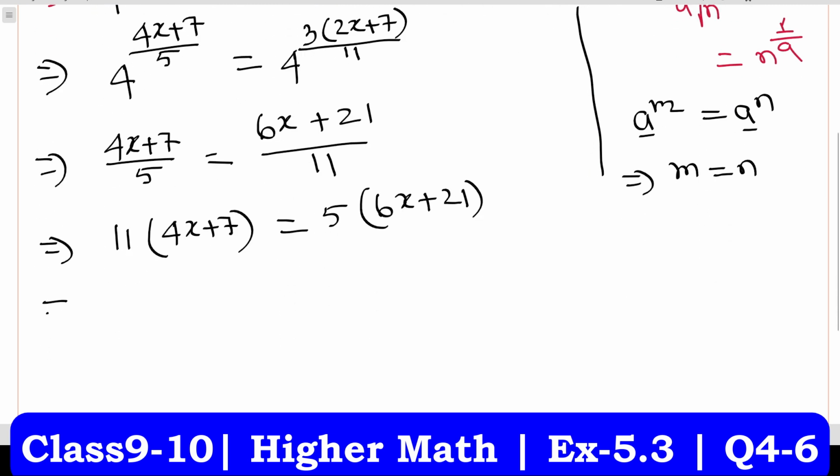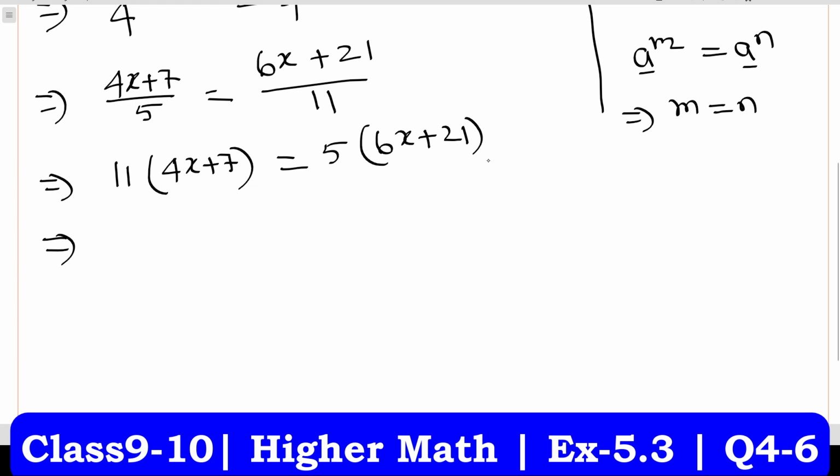So what will be the value? 11 times 4 is 44x, 11 times 7 is 77, equals 5 times 6, 30x, and 5 times 21, it's 105.